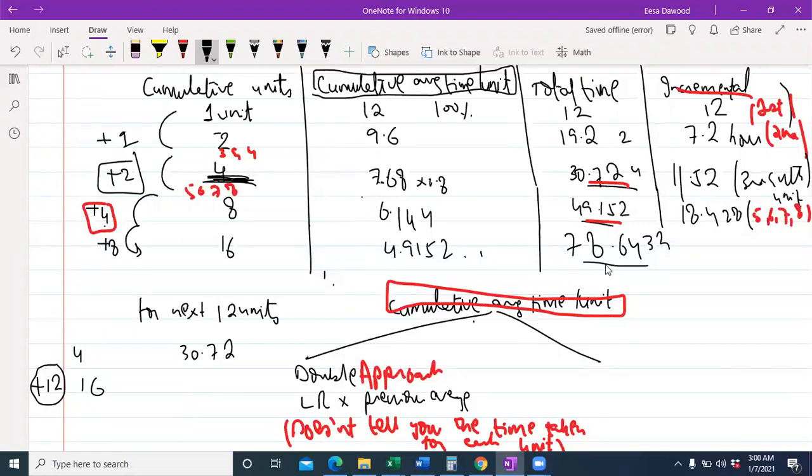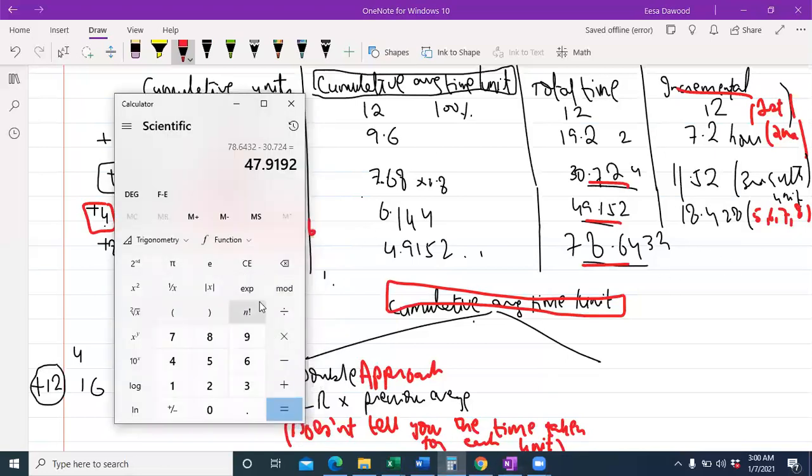But I told you, just like in this case, if I want to know the time taken for the next 8 units, which will be the 9th through the 16th, I deduct from this value, 16 minus 8, for the next 8 units, which will be 9, 10, 11, 12, 13, 14, 15, and 16.